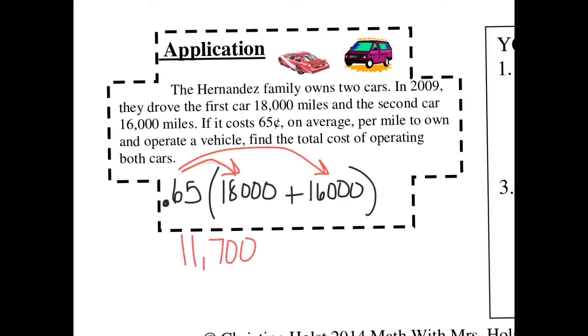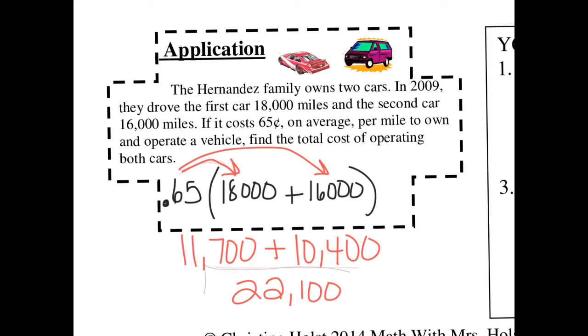And 0.65 times 16,000 equals 10,400. When I add 10,400 plus 11,700, I get $22,100. So that is the cost for operating two cars in the year 2009. That's what the Hernandez family spent on operating these two cars.